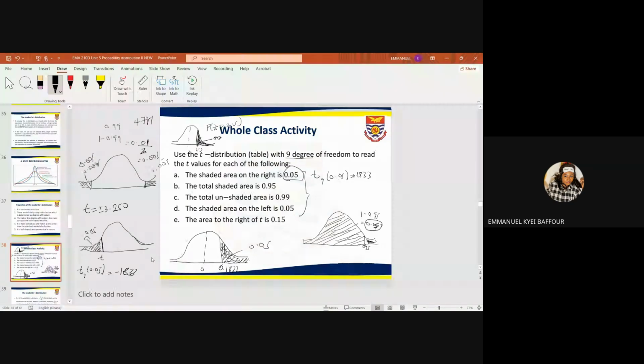And then the last one, that is the area to the right of T, is 0.15. So if this is your distribution, then the area here is 0.15. So we are looking at T of degrees of freedom 9 as against 0.15. So what will we get for that?